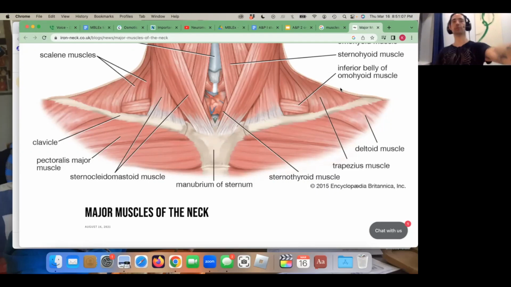Other synarthrotic joints in the area are the ribs joining to the sternum. Then you have the clavicle, which articulates with the manubrium or with the sternum. Sometimes manubrium and sternum are used interchangeably, where attachments and articulations of bones. Articulation is like where two bones join each other. So this distal phalange and this proximal phalange, they articulate right here.